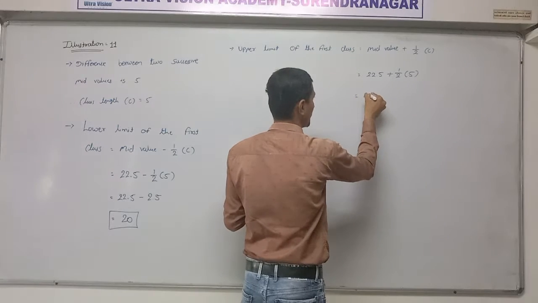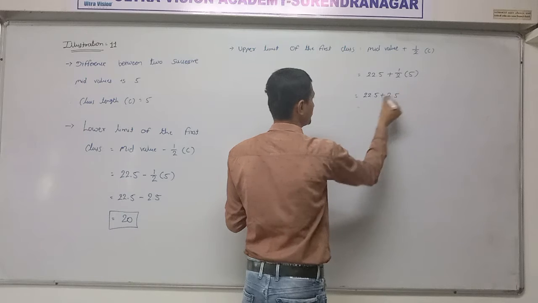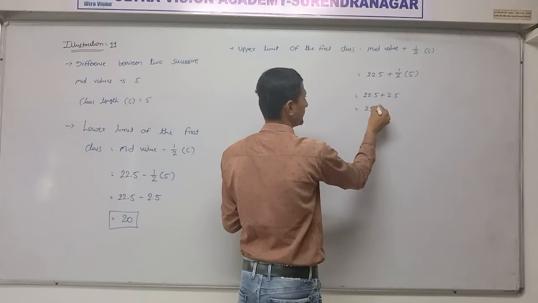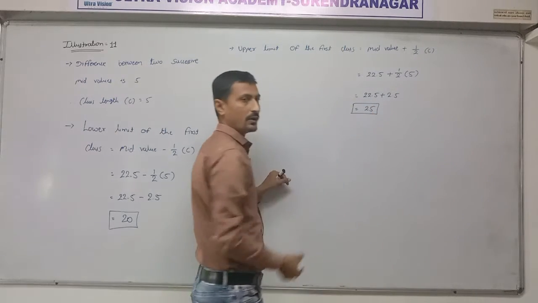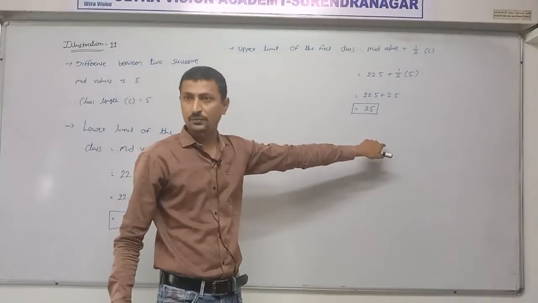Now 22.5 plus 2.5 is 25. So lower limit of the first class is 20 and upper limit of the first class is 25.